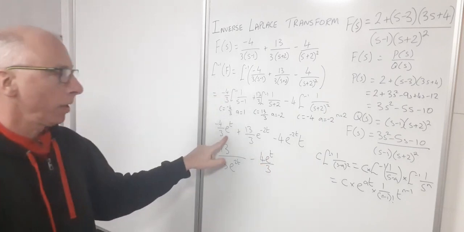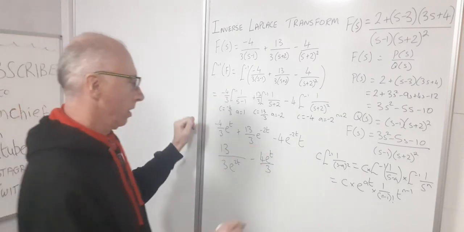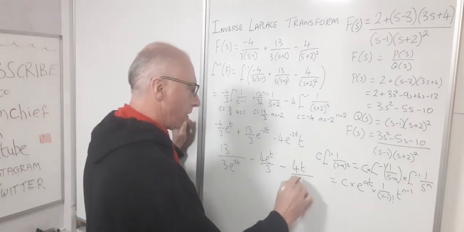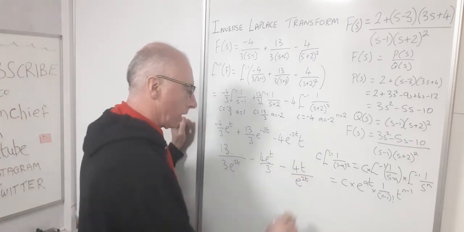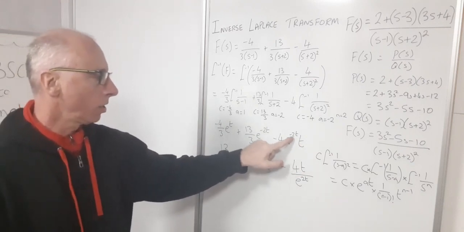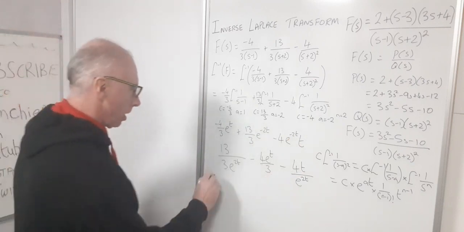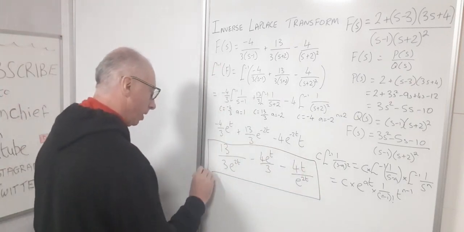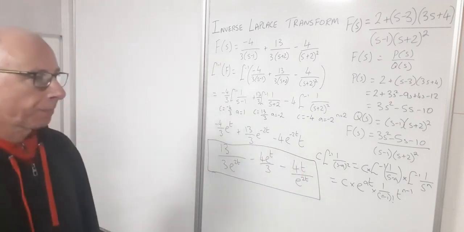That takes care of that one. And then here, minus 4t e to the minus 2t, which is again minus 4t over e to the 2t. So that is the inverse Laplace transform of my function F. Okay.